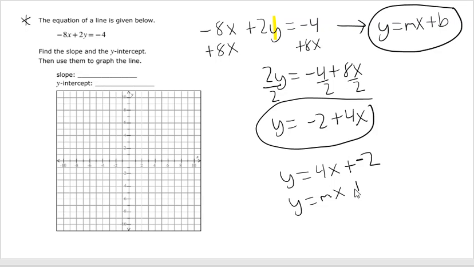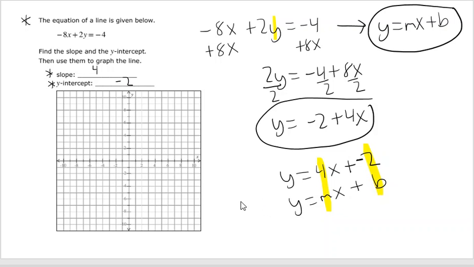And once the equation is in slope-intercept form, you can then identify the slope and the y-intercept. Remember, your slope is the one in place of the m in your equation, and the y-intercept is the one in place of the b. So for this particular example, the slope would be 4, and the y-intercept is negative 2.